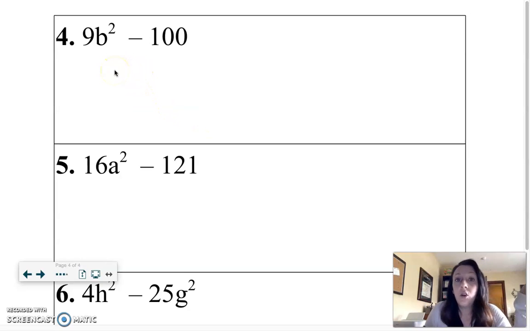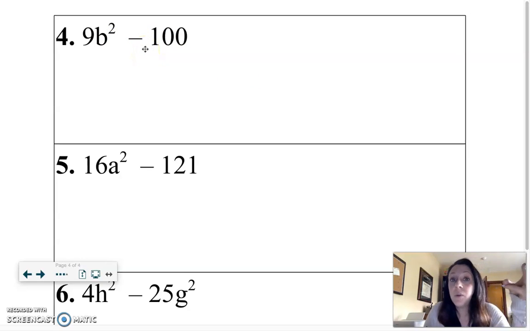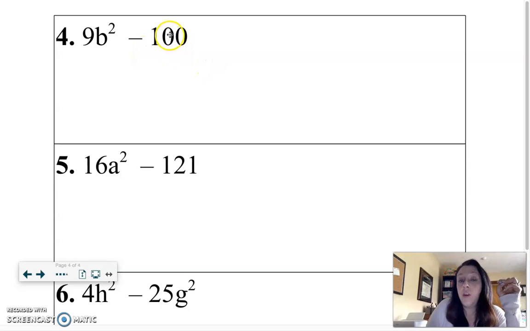Okay, these are a little bit different because they all have numbers in the front, but you're not going to approach it any differently. So you still need to check and make sure that it's 2 terms, which this one is, minus sign in the middle, which this one is, and that everything's a perfect square. 100 is a perfect square because it's 10 times 10. 9 is a perfect square because it's 3 times 3. So now we can move forward. Here's the difference.